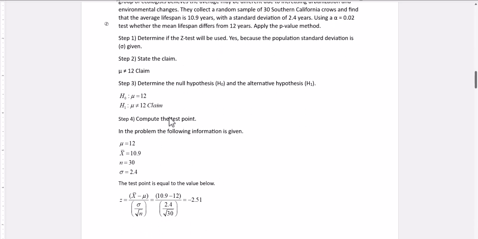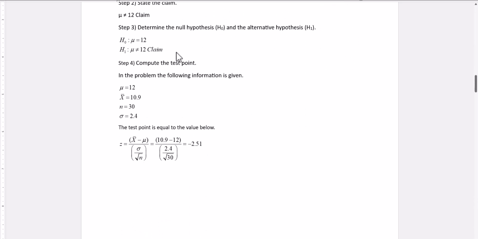We next compute the test point. In the problem, mu is 12, the sample mean is 10.9, sample size is 30, population standard deviation is 2.4. We plug this information into our test point to get negative 2.51.